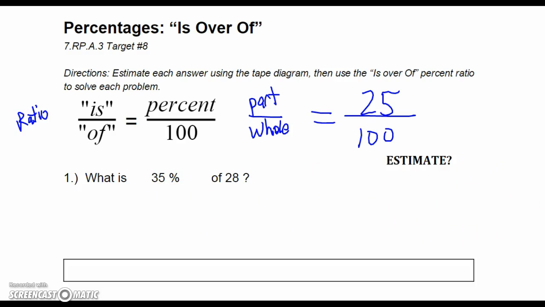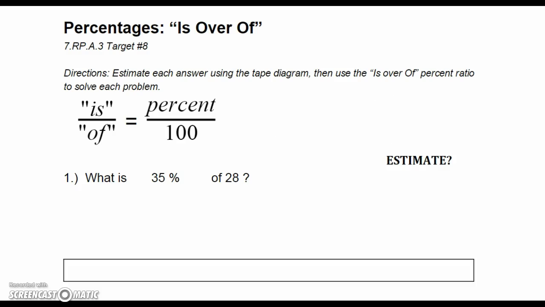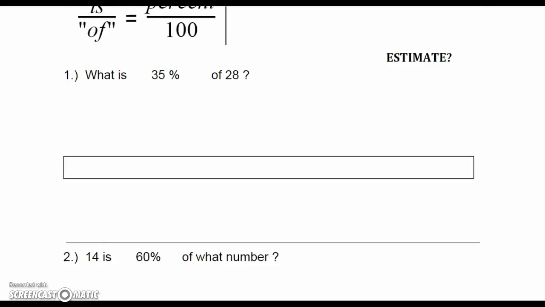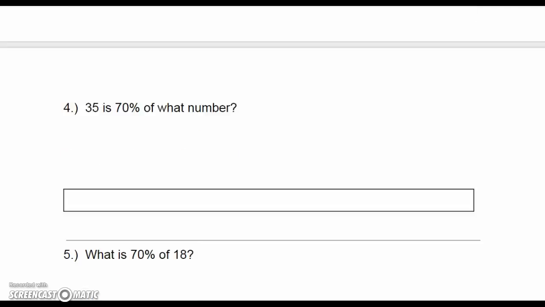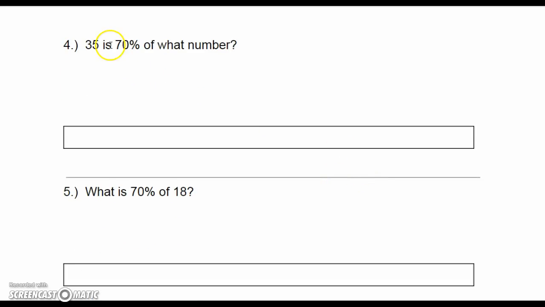So I did 1 and 2 in class today. I'm actually going to skip down here to number 4. 35 is 70% of what number? Now I'm asking you to do two things here. The first is to use this tape diagram, this double number line, to estimate.